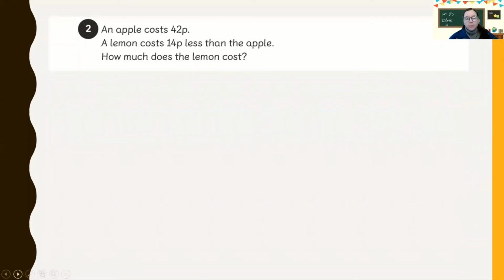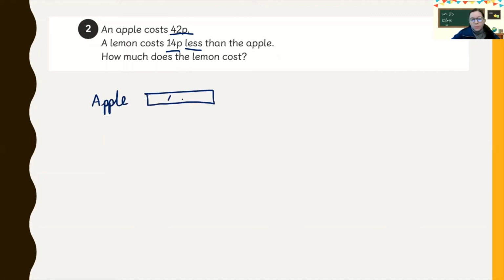An apple costs 42p. We need to highlight that. A lemon costs 14p less than the apple. How much does the lemon cost? Okay, so we've got the apple at 42p. The lemon is 14p less, so that's going to be a smaller box.